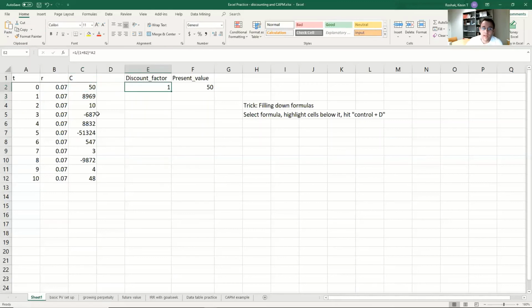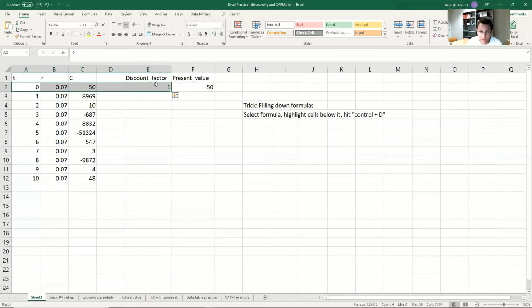Okay, so we have the formula for the discount factor already. We know that that's just a present value of $1. Oh, this is a good check. At time 0, what's the discount factor? It should always be 1, right? At time 0, you're not going to discount the cash flow that you're getting at time 0. That money is as good as in the bank, so you're not going to discount that at all.